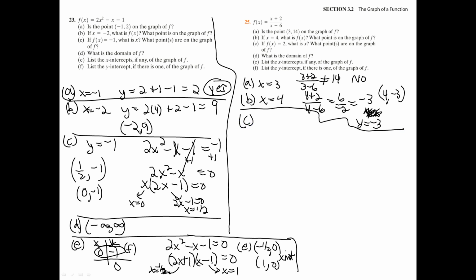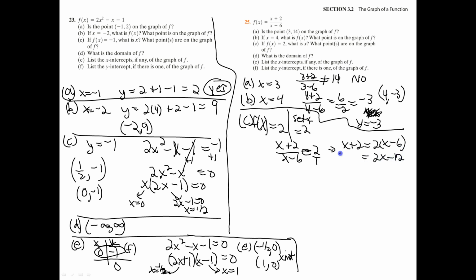Letter C, f of x is 2, sorry, I didn't see that. So we set f equal to 2. So we have x plus 2 over x minus 6 equals 2. We cross multiply, we get x plus 2 is 2 times the quantity x minus 6.